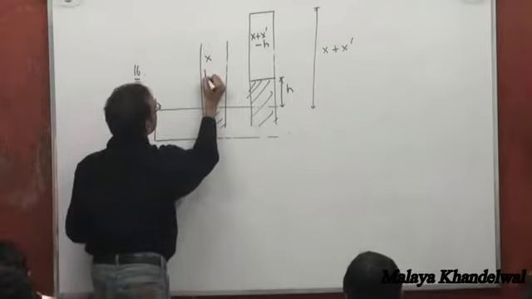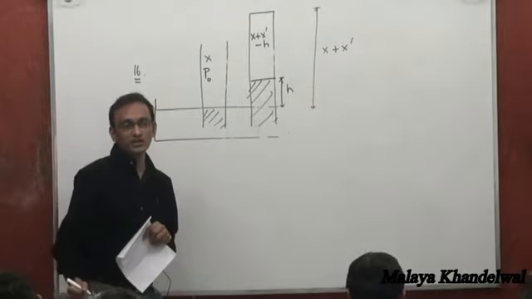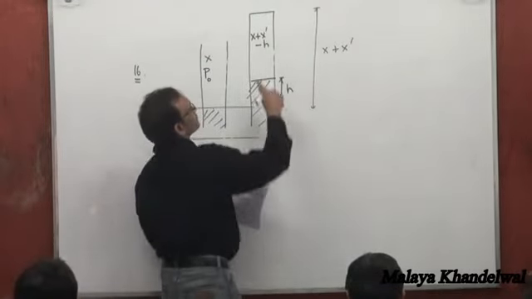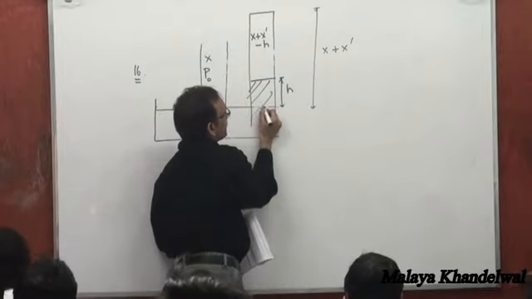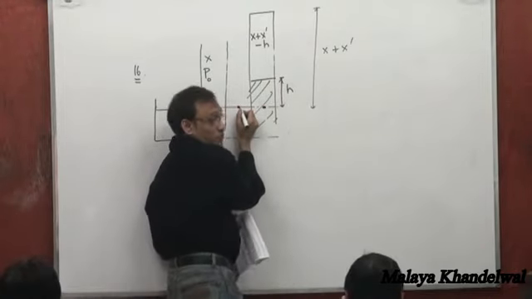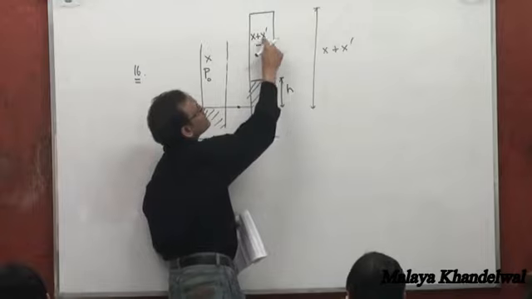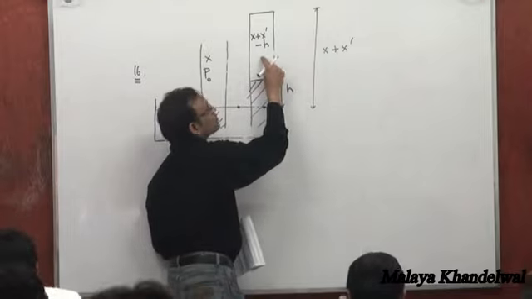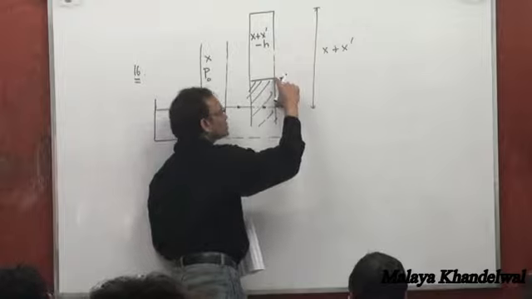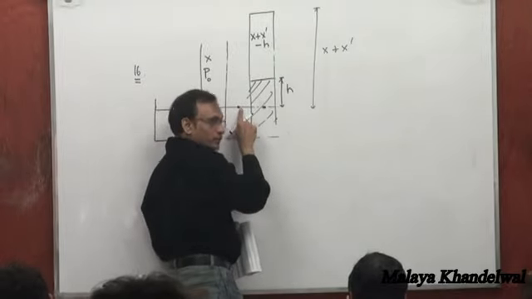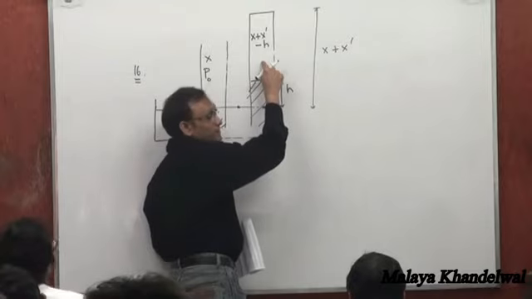The initial pressure is atmospheric P naught. The final pressure here, realize, is, well, the pressure here plus h millimeters of mercury would be the pressure here, which is the same as atmospheric. So the pressure of gas here must be P naught minus h.